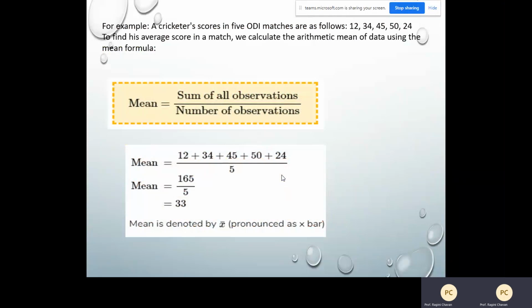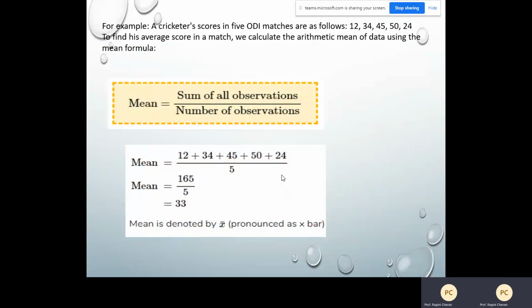For example, a cricketer's scores in 5 one-day matches are as follows. These are the scores in different matches. To find his average score in a match, we calculate the arithmetic mean of data using the mean formula. The mean formula is sum of all observations divided by number of observations.